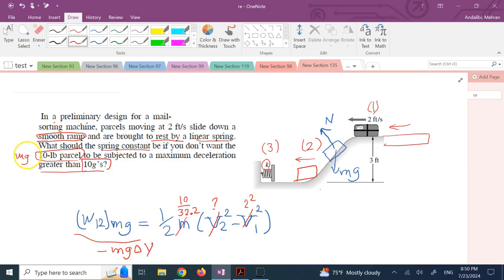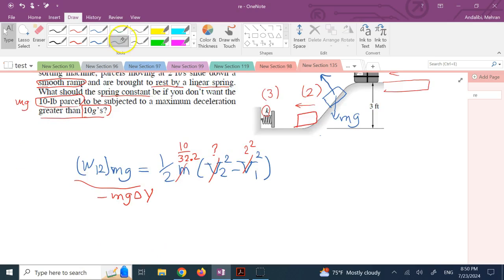One good thing here is that on both sides there is m, so you can get rid of that m and not even bother to calculate it. Just know that g is 32.2, and delta y in this case is 3 feet downward, so this is negative 3. Those two negatives cancel. You get a positive work, which makes your v2 bigger than v1.